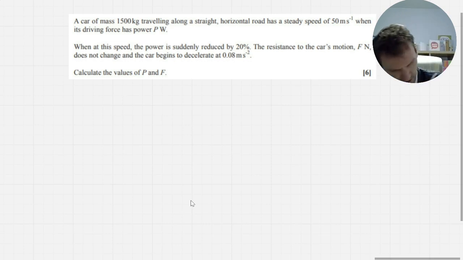I would always recommend on these questions getting a force diagram down to just show what's going on. So initially, what forces are acting? We've got some frictional force, which we don't know, acting on a car, and we've got some driving force. Now, we're told it's traveling at a speed of 50 meters per second.